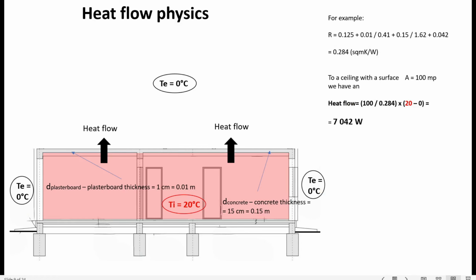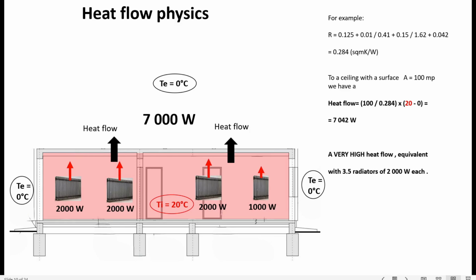The interested ones can stop the video on a specific image and read on the right side the more detailed calculation. We see that the thermal flow reached a very high value, equivalent to 3.5 radiators of 2000 watts each for a ceiling of 100 square meters.